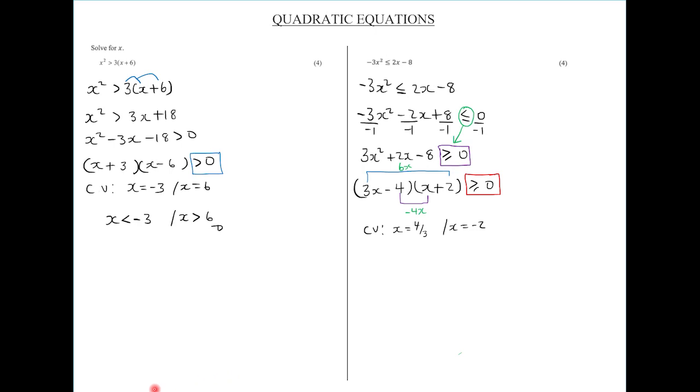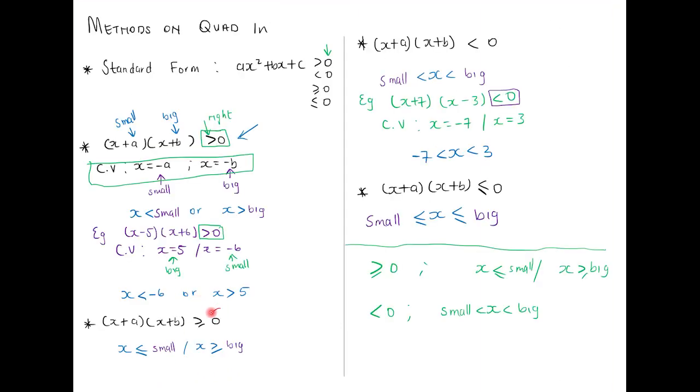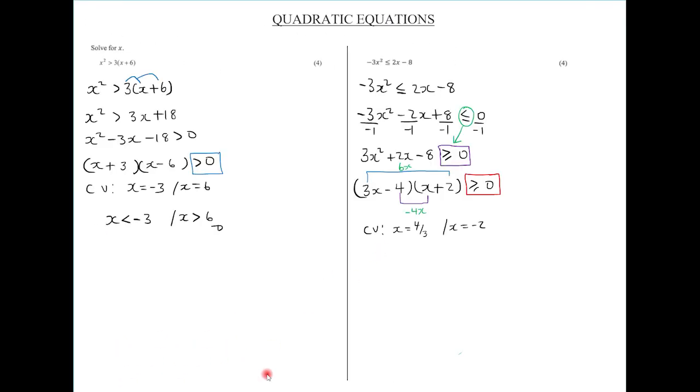It means one of them will point to the left and one of them will point to the right. So the answer here will be x is less or equal, or x is greater or equal. The one pointing to the left is going to be the smallest value, which is -2. Then the one pointing to the right is going to be the biggest value.